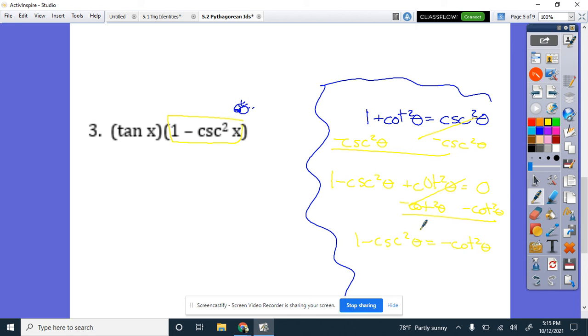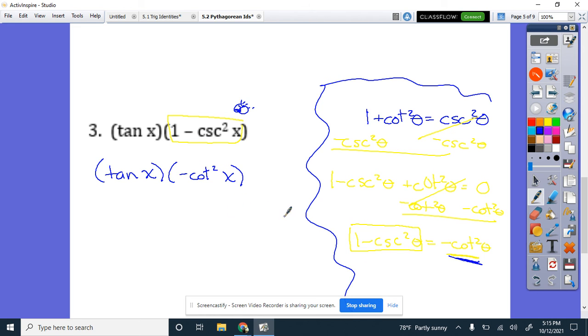So I now have a little matchy match. 1 minus cosecant squared theta is negative cotan squared theta. So I'm going to use this negative cotan squared theta. Don't forget your negative. So tangent x, and I'll use x for some of my folks who like using x, I want to make sure you feel equally as valued here. So negative cotan squared x.